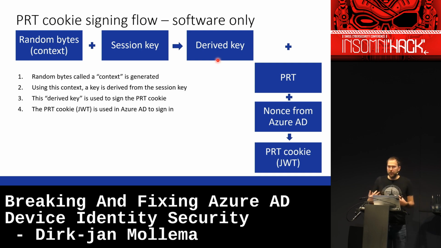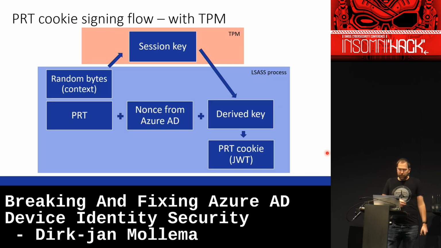This derived key, which will be a different key for each random context that's generated, is actually used together with the primary refresh token and the nonce from Azure AD to create this PRT cookie signature. So it basically calculates a new key for every request.